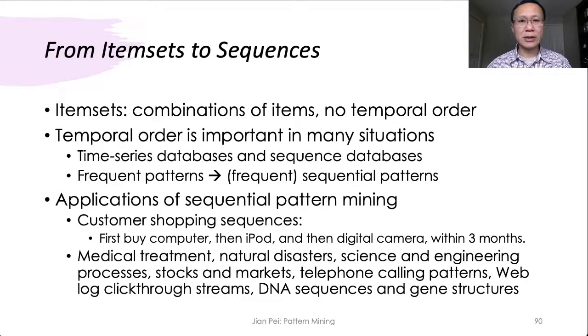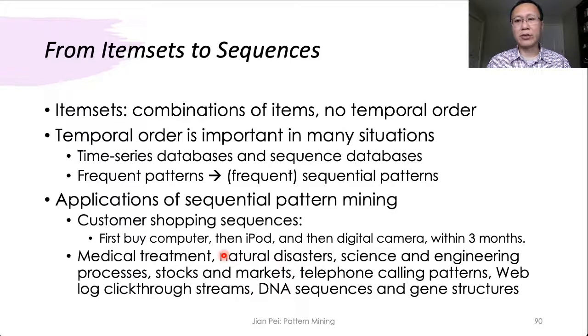As we noted, in transaction pattern mining, we look at item sets, where an item is a product a customer purchased, and an item set is a combination of items.